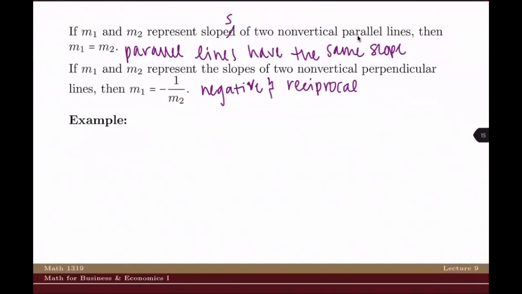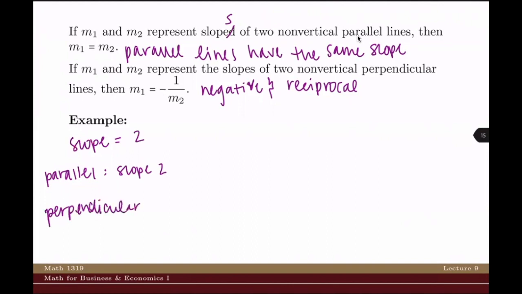So for example, if I have my slope as 2, a parallel line will also have slope 2, but a perpendicular will have slope negative 1/2. You see, so negative and flipped.